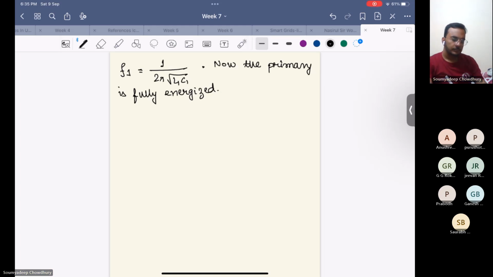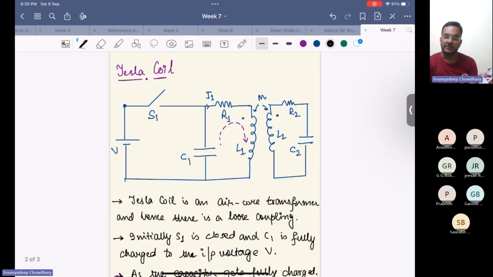Okay. Now next, what will happen? Since the primary is energized now, and I told you that it is an air core transformer, there is very loose coupling.